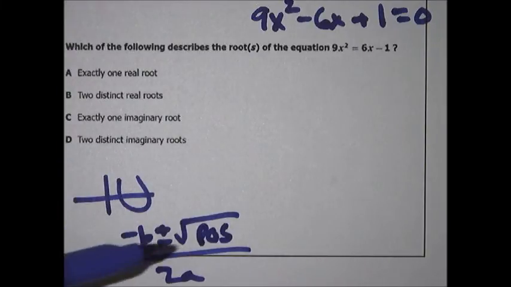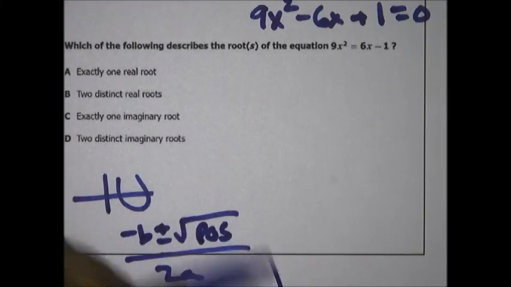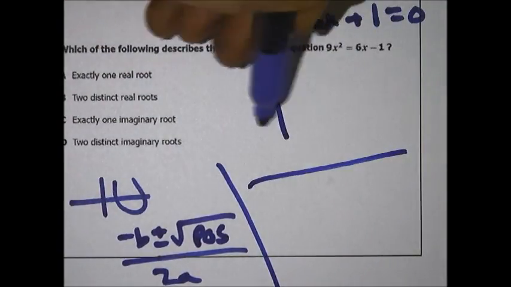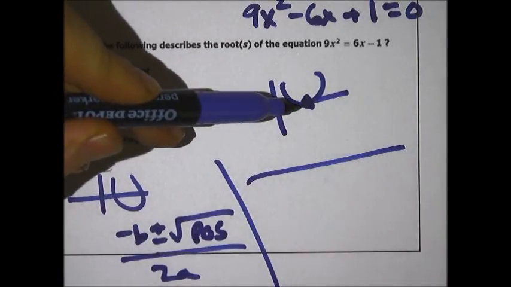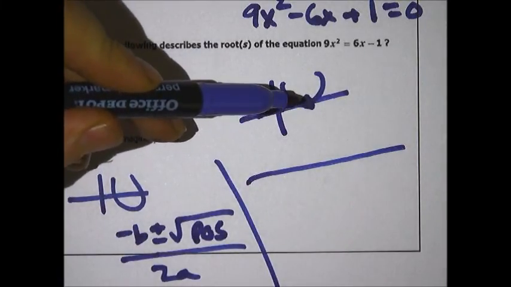Plus this, minus that, you'd have two real answers. If you were to graph this and you're only hitting it once, you can look at it graphically and say I have one real 0.